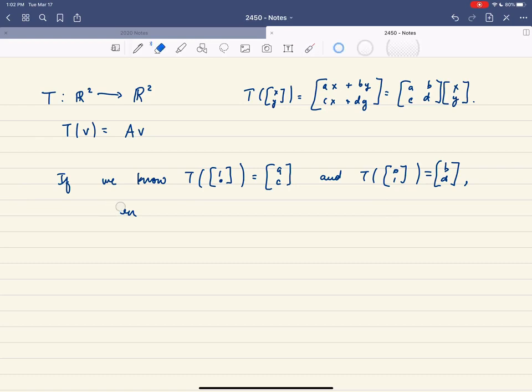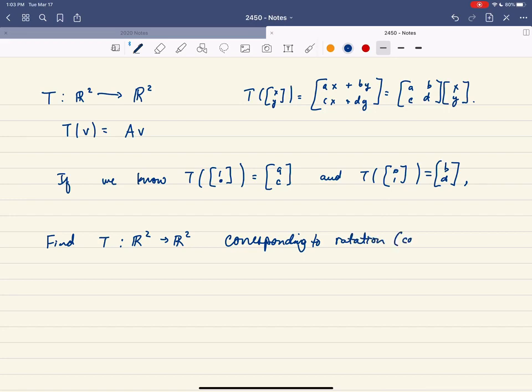And so just as an example, let's see if we can find the matrix T that's going to map R2 to R2. And I want to find this matrix corresponding to rotation counterclockwise by 90 degrees. So I want to figure out what is this rotation by 90 degrees.